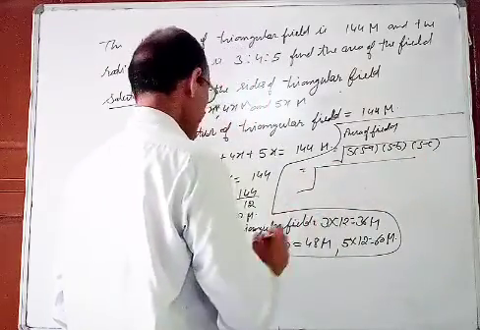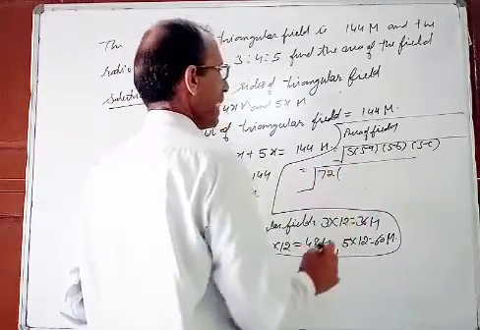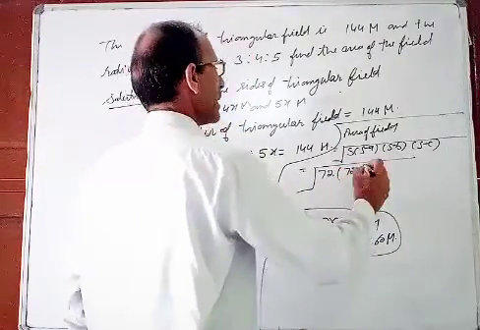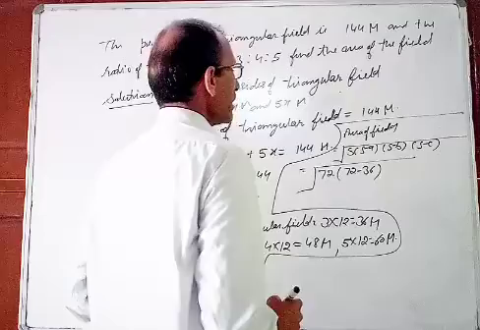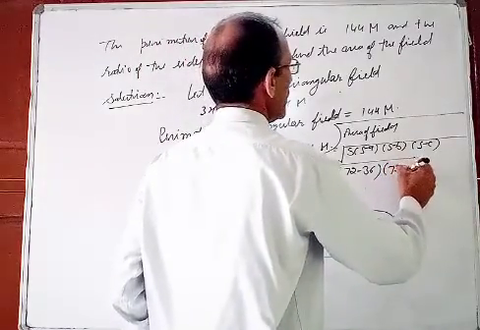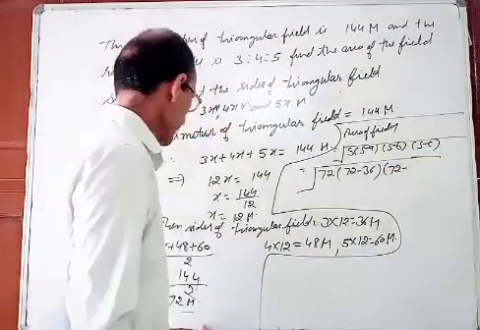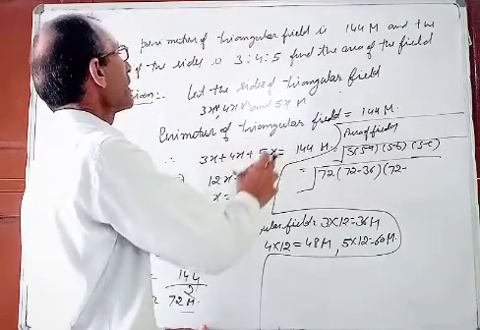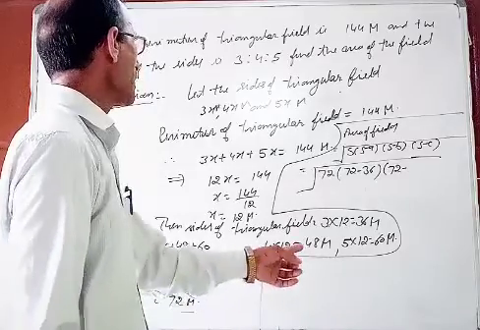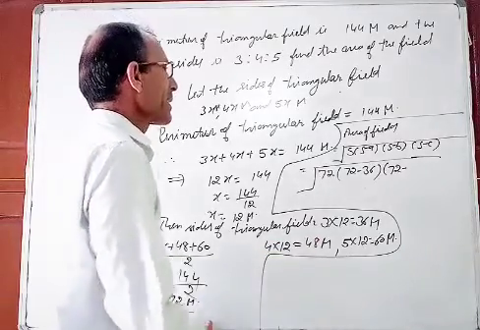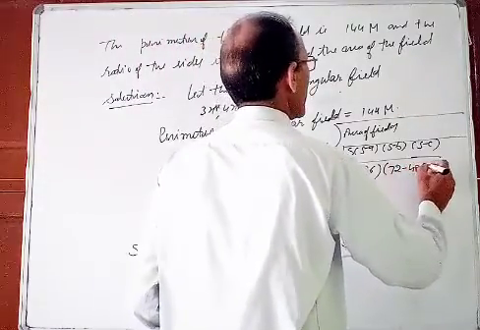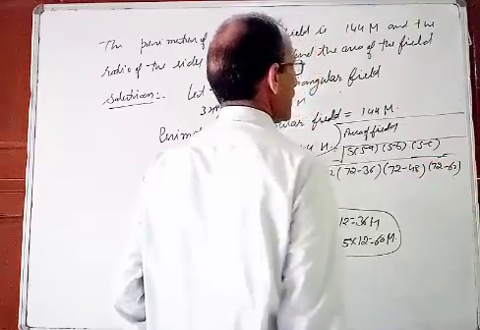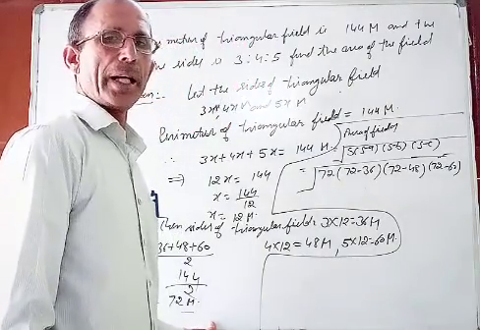S is 72. 72 minus the first side, 36. 72 minus the second side, 48, and 72 minus the third side, 60. So this is the area of a triangle.